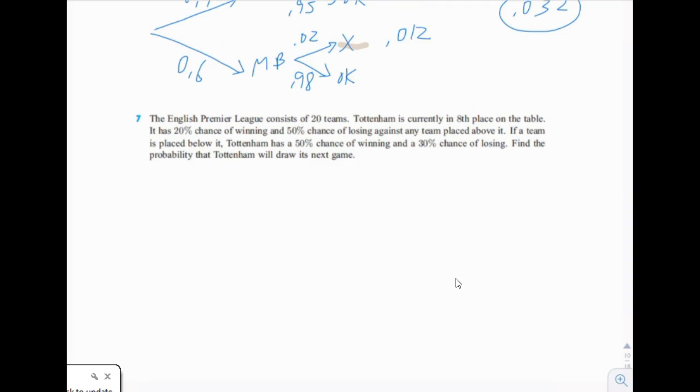Okay, so in the first split of the tree, they're going to play a team above, and the other possibility is a team below.